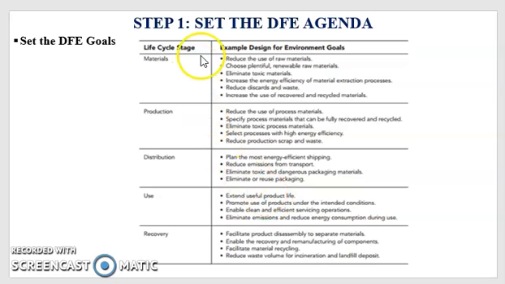These goals are arranged according to the life cycle stages of a product, starting from the raw material to production, to distribution, to use, and finally recovery and decomposition of the product raw material. These goals are primarily to shift towards the use of organic raw materials and renewable energy sources so that the impact of using a product on the environment can be reduced or eliminated.